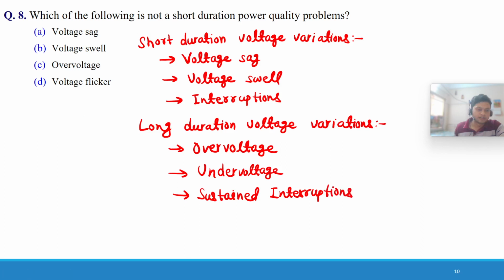So from these options, over voltage comes under the category of long duration. So correct answer will be over voltage.